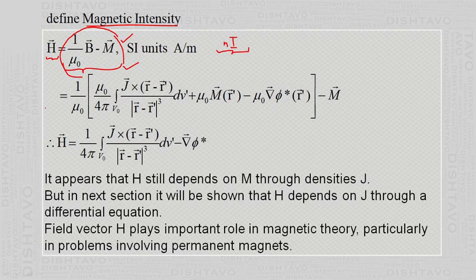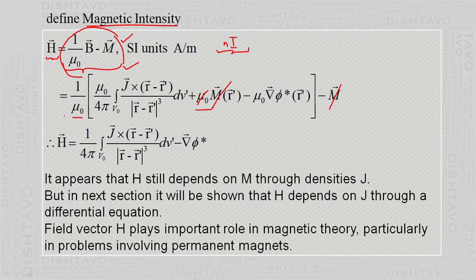See, here 1 by mu naught is there, then B is this, what you have just now shown, B by taking the transport current and the material, and minus M. Then what we can do here is, this mu naught and this mu naught will cancel, and this M and this M will cancel.